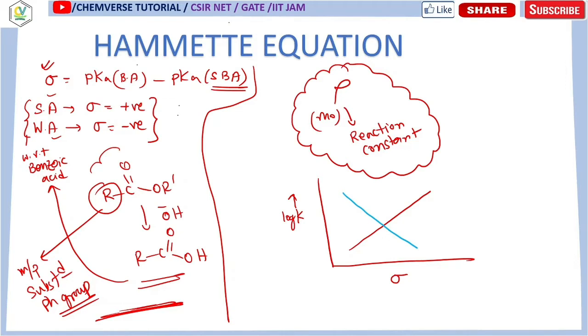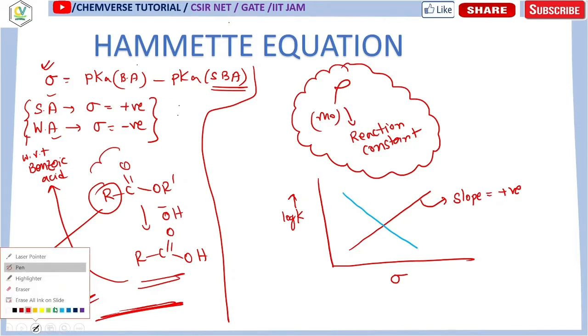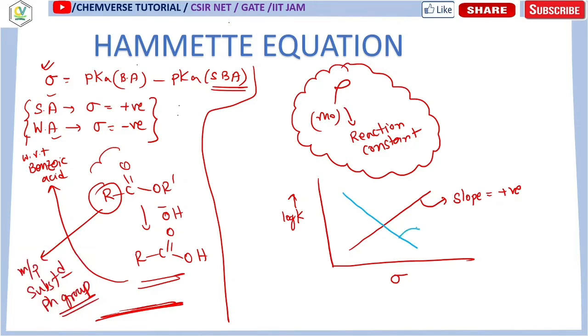We were influenced from there, and now we are applying the same thing in different cases. And over here there are two kinds of plot we can see. The slope of the reaction is either positive or it could be negative.